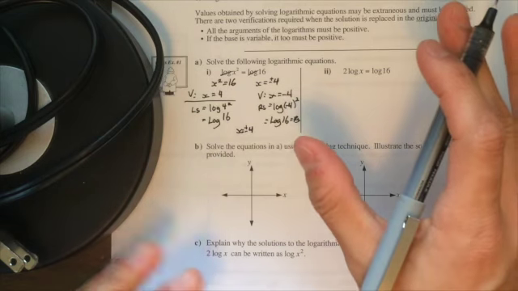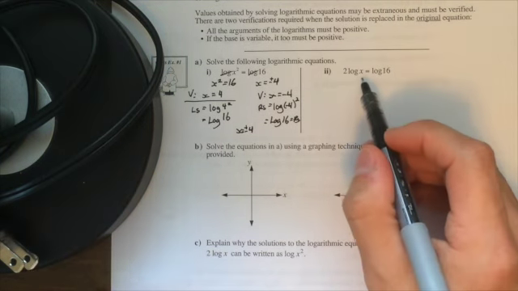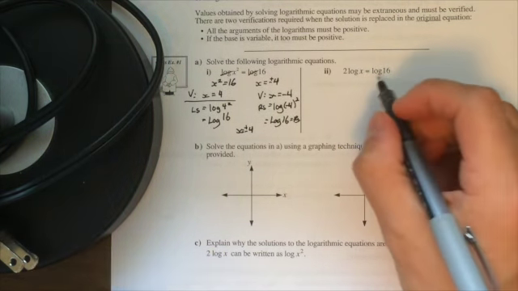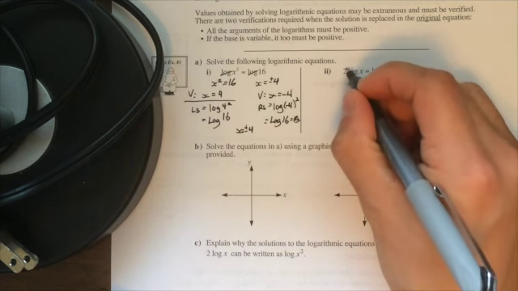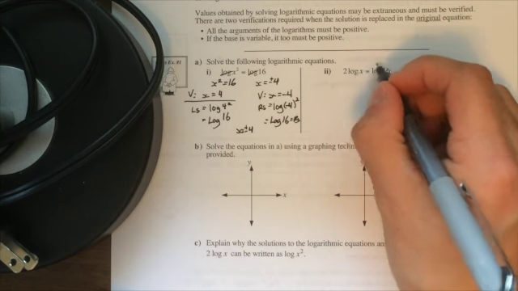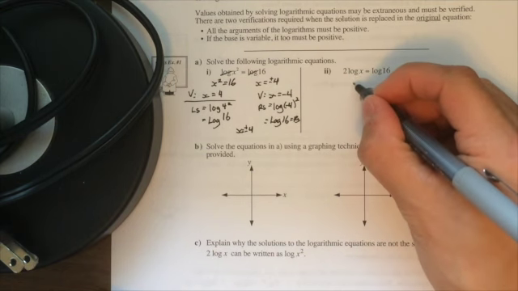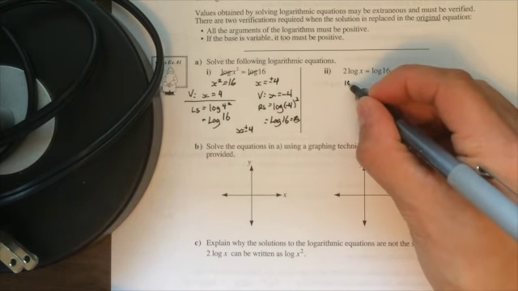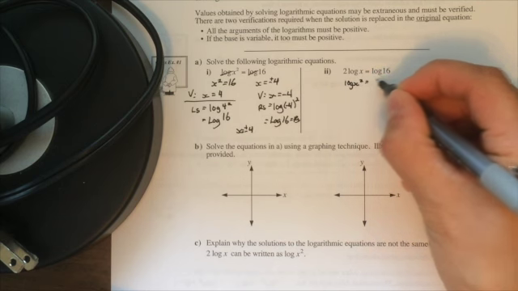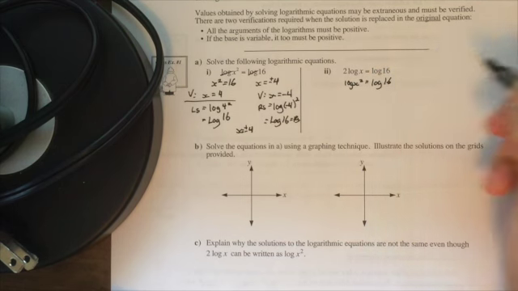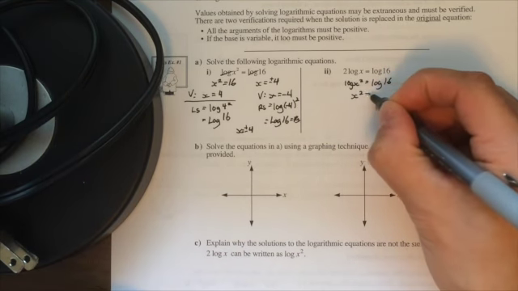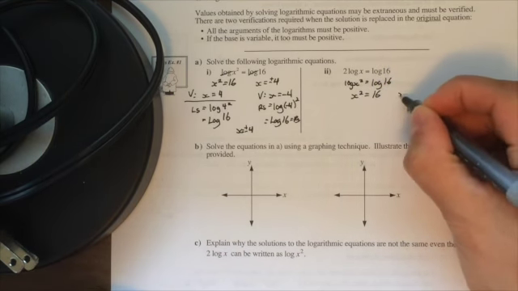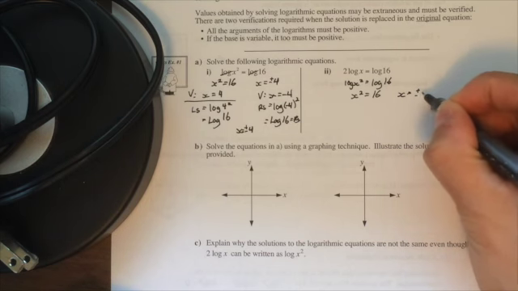But let's see what happens in this second situation over here. So 2 log x is equal to log 16. I'm going to use my power law to bring this coefficient up. I'm going to get log x squared is equal to log 16. And again, I'm going to get x squared is equal to 16, where x is equal to plus or minus 4.